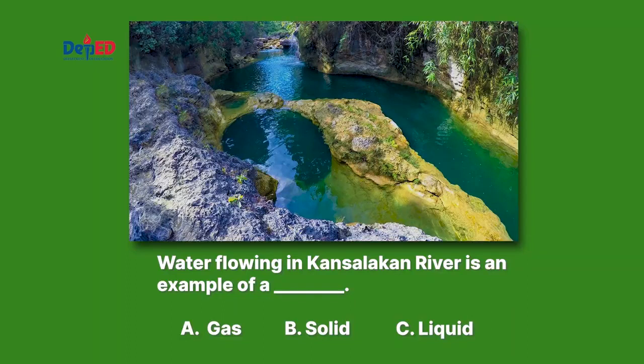Scientific! Water flowing in Kansalakan River is an example of A, gas, B, solid, C, liquid. If your answer is C, liquid, then you are correct.